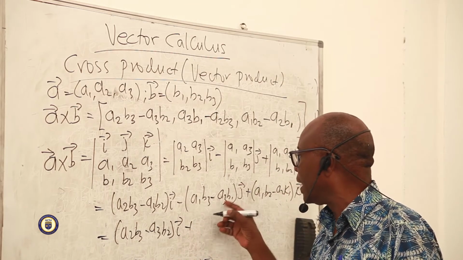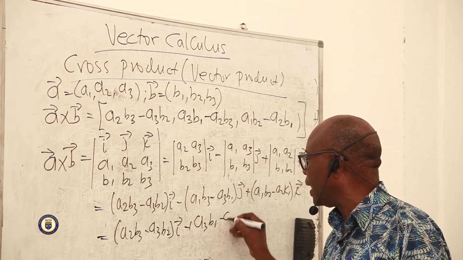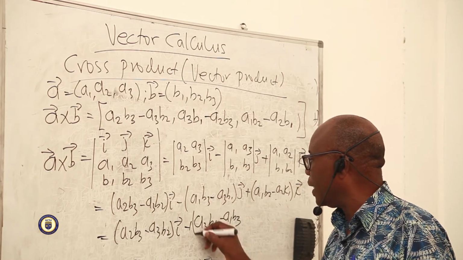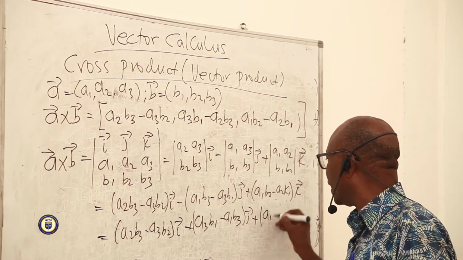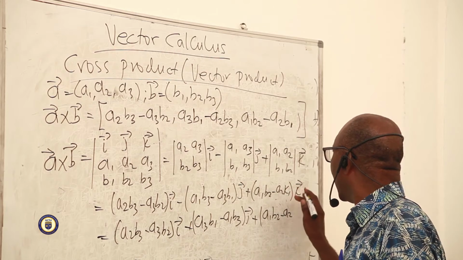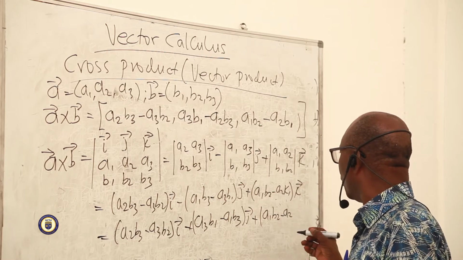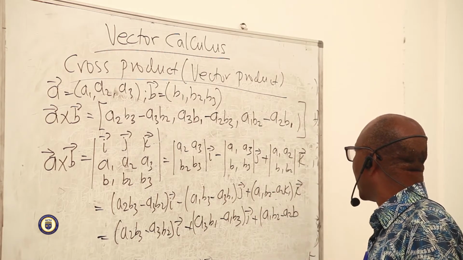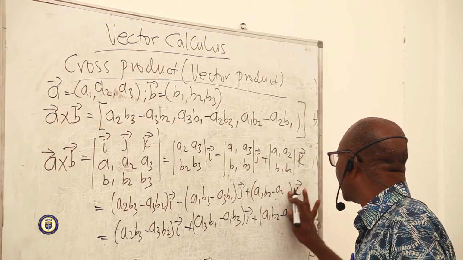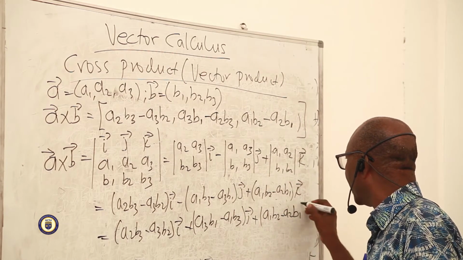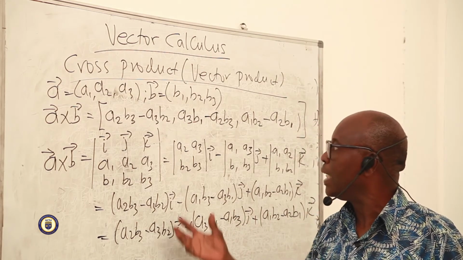Then minus times minus is positive, so we have A3B1 minus A1B3 in the J direction, plus A1B2 minus A2B1 for K. Sorry for the mishap.